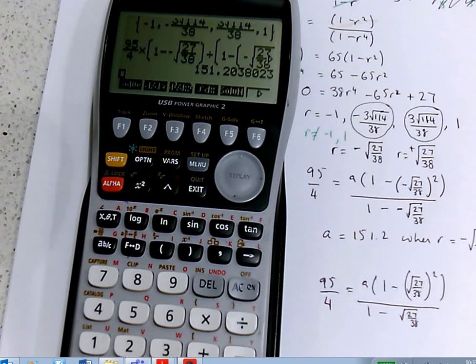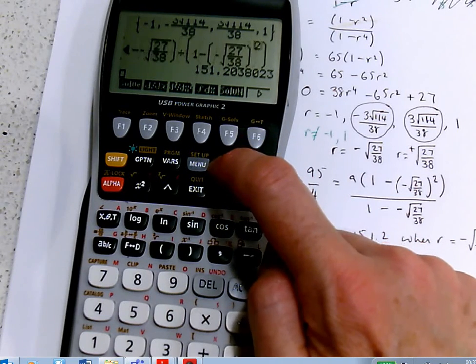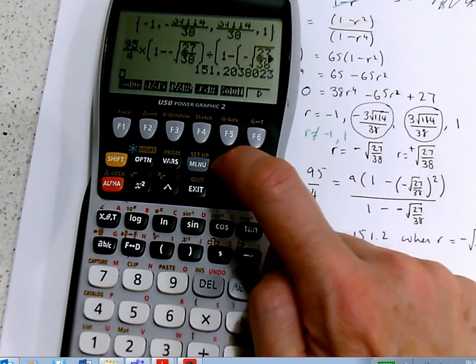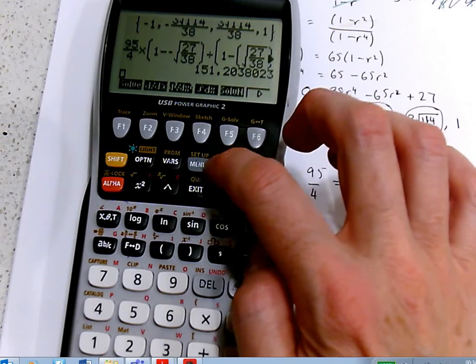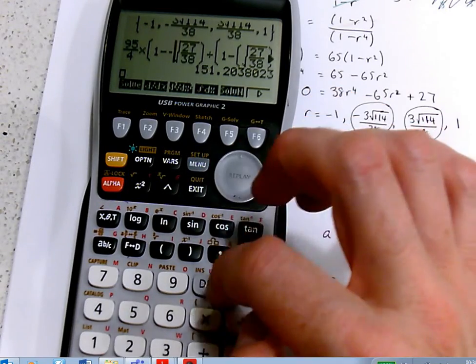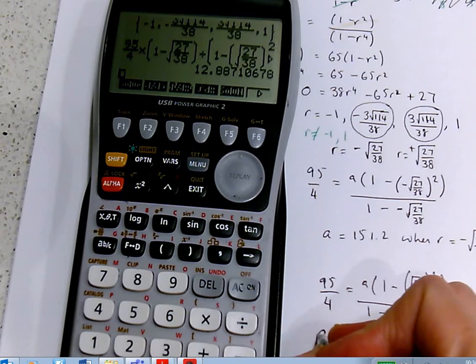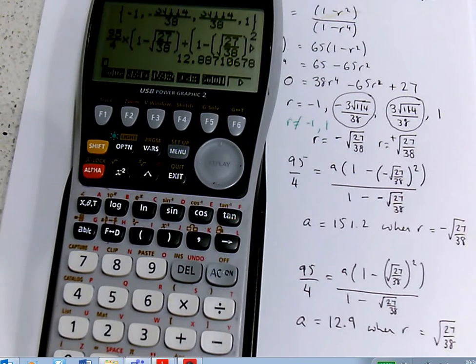So I will just go back up into what I worked out and just get rid of the negative sign. Okay, there we go. a is equal to 12.9 when r is equal to positive root 27 over 38, and those are the correct answers.